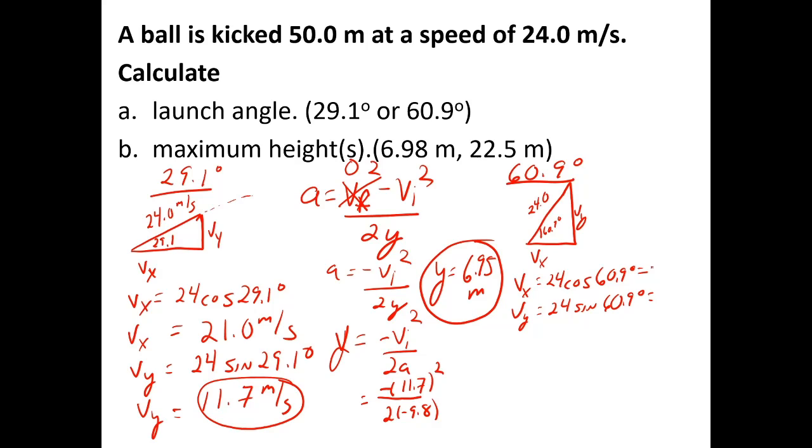And that's going to be important because we're going to use that a lot in the next problem as well. 24 cosine 60.9 is 11.7 meters per second. And you're going to notice something neat with what the numbers do because they're complementary angles. They just switch. And then I'm not going to rederive the formula a second time because I know what it is.